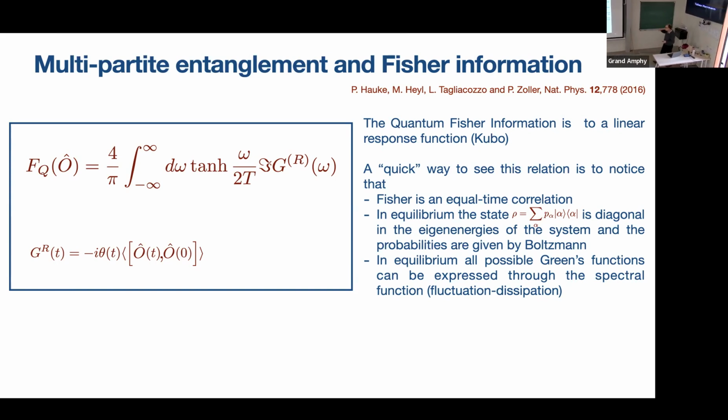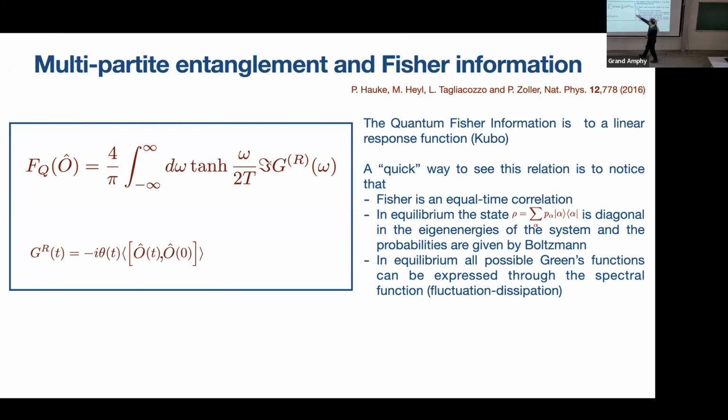I think it's easy to understand this result, because as I mentioned yesterday, when you are in equilibrium, and this expression holds in equilibrium, because of the fluctuation-dissipation theorem, essentially you can express all possible correlators in terms of a spectral function.